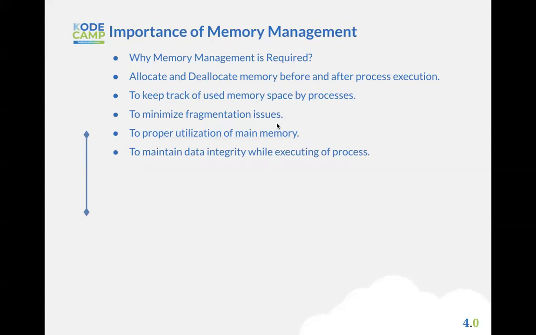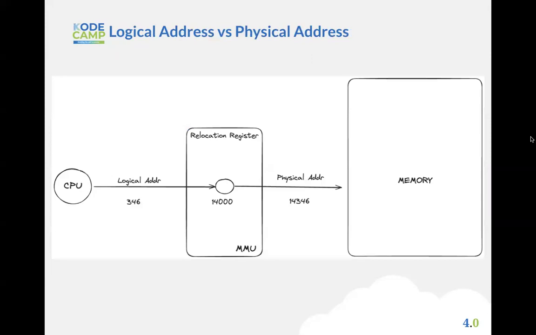Okay, so let us keep this picture in mind as we go on. This is how a logical address relates to a physical address. So when working with a process, what the CPU, what the processor sees is a logical address, a virtual address. It's not the particular physical address that the process is being loaded into in the physical memory.